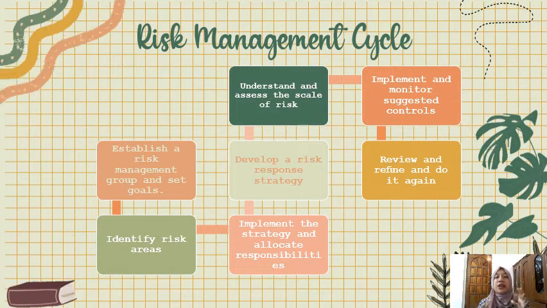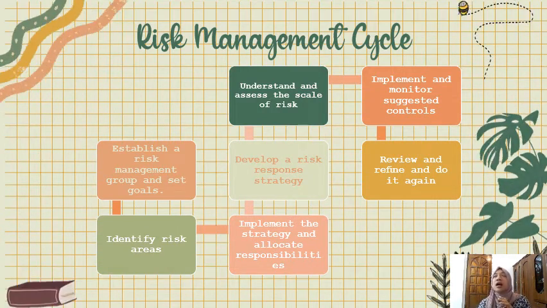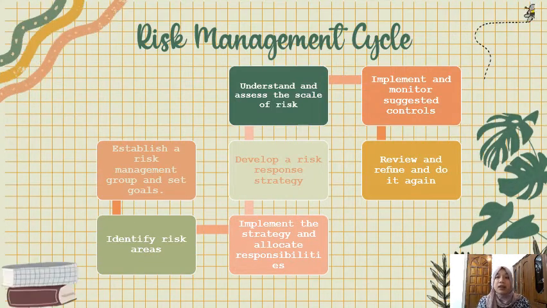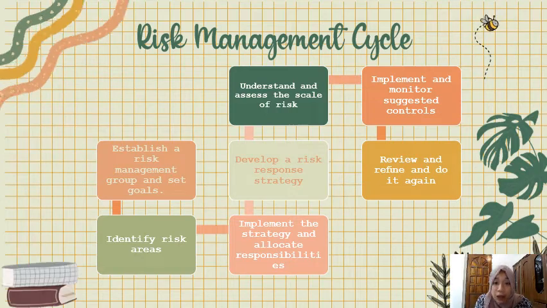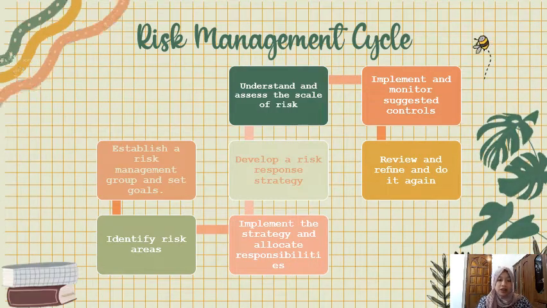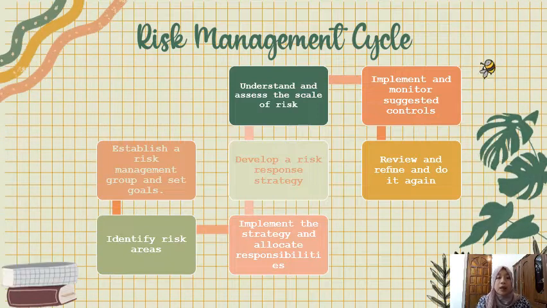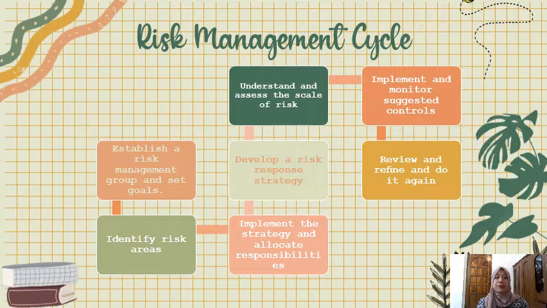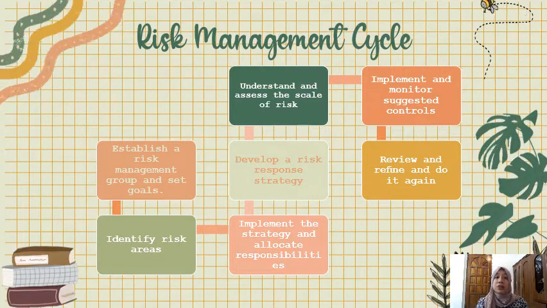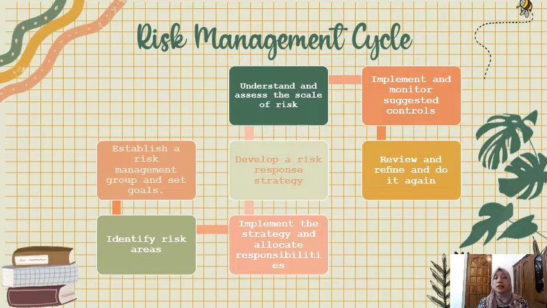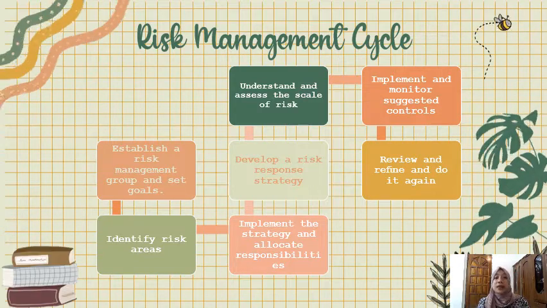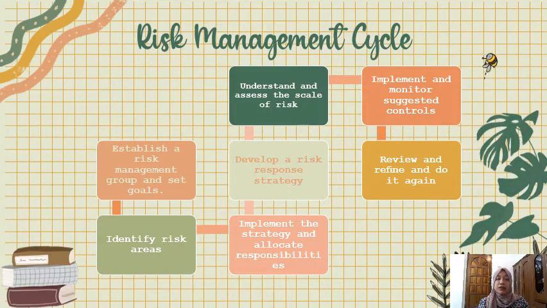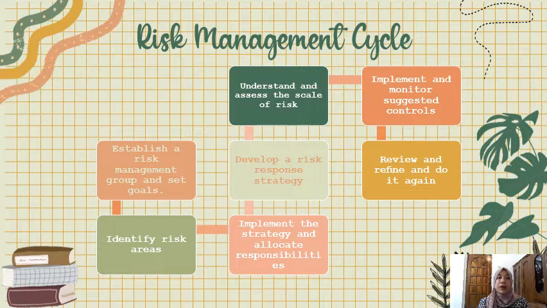So after the understanding stage, next is to develop a risk response strategy. Once these risks have been identified and assessed, strategies to deal with each risk identified can be developed by line management with guidance from the risk management group.